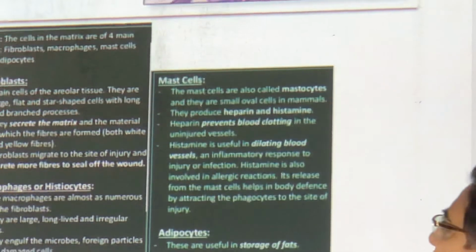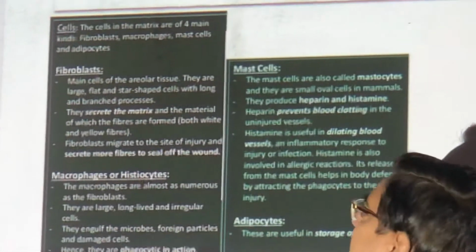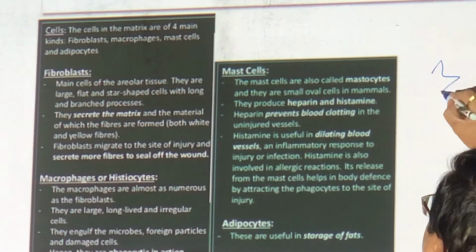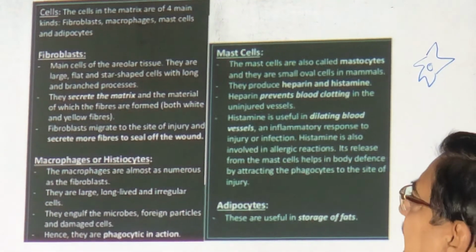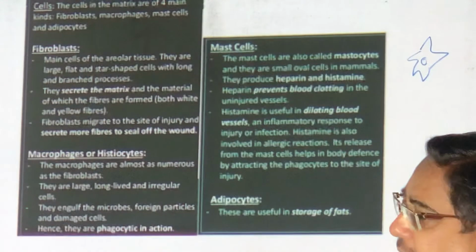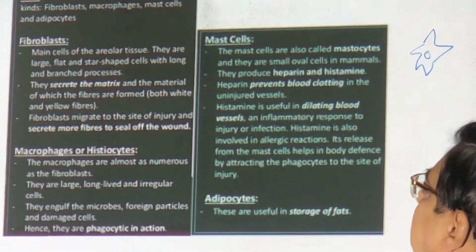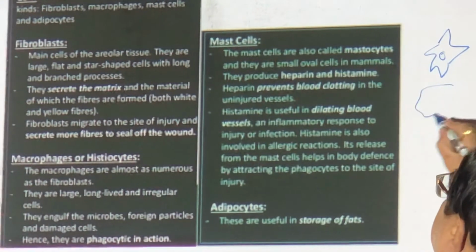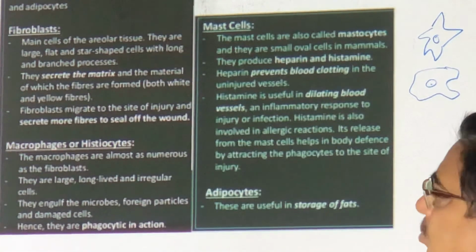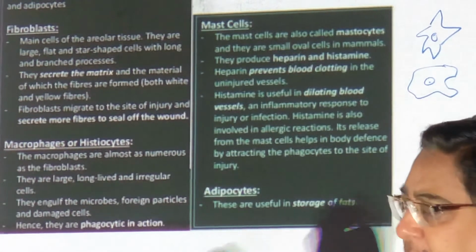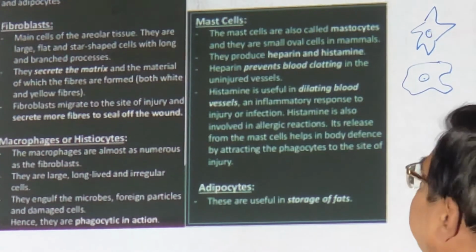Now, the cells are fibroblasts. These fibroblasts are star shaped. They make fiber, so the matrix is secreted by them. Macrophages are like amoeba, and their job is phagocytosis, to capture and destroy, the soldiers of the body.